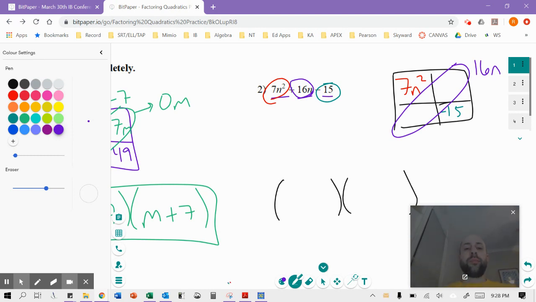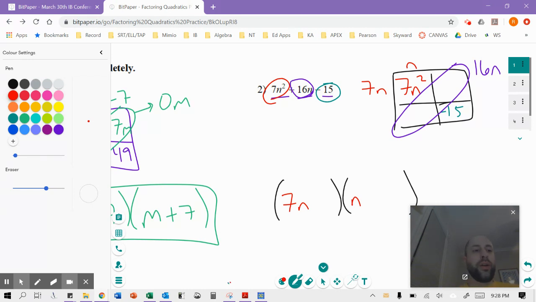So just thinking about where we can start, we can start with the 7n squared. Really, there's only two things, right? 7n and 1n that multiply together to get 7n squared. So if I was just sticking with my parentheses down here, then I know right away this is 7n and this is n, because those two things multiply together to get me that 7n squared.